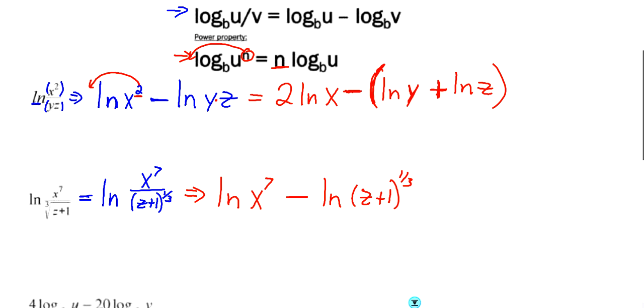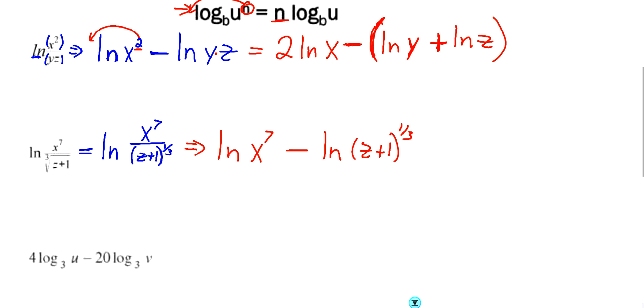Now, the next step is going to be dealing with these two powers. So again, the 7 power and the 1/3 power can be moved out front using the power property. So this becomes 7 ln x minus 1/3 the natural log of z plus 1. And that's it. We're done.